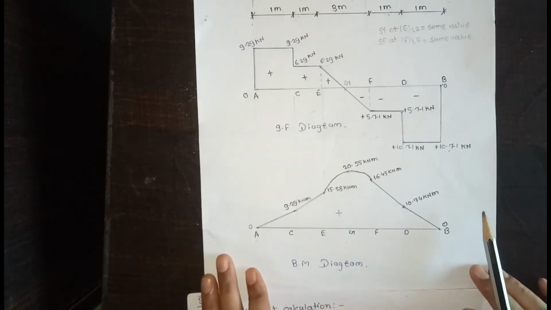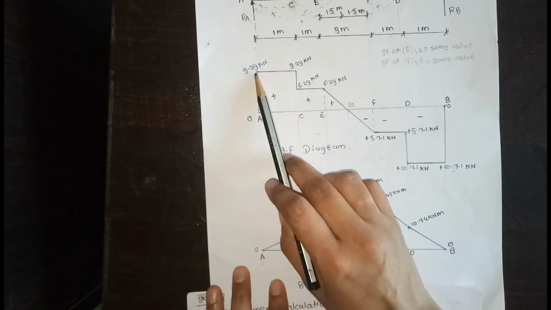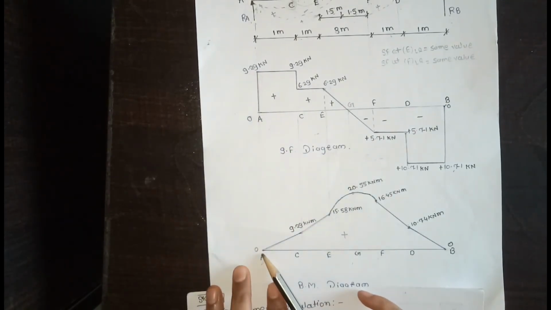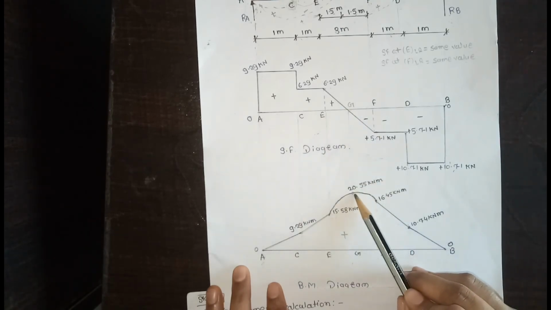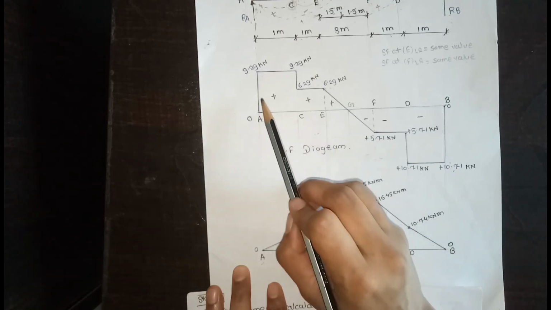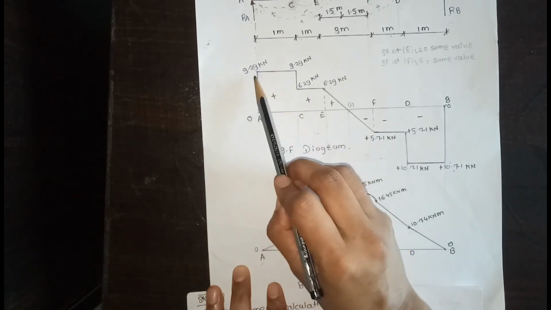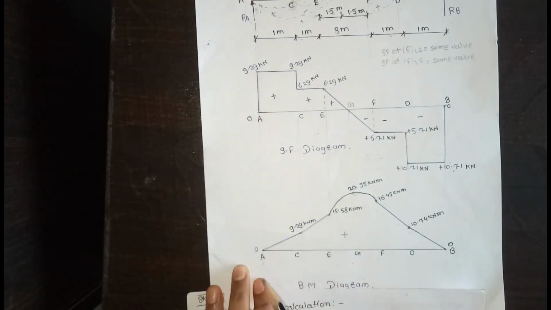So it is clear that when the shear force is maximum, then the bending moment is 0. When the shear force is 0, then the bending moment is maximum. Where the shear force diagram has a horizontal line, the bending moment diagram is an inclined straight line.